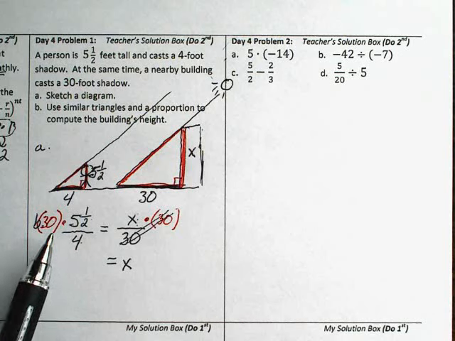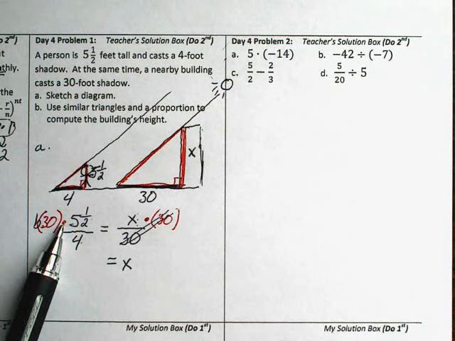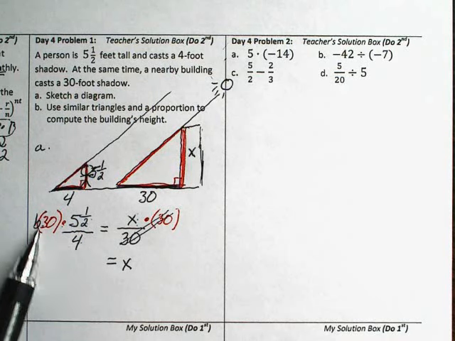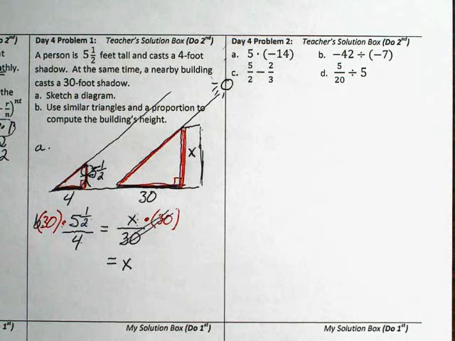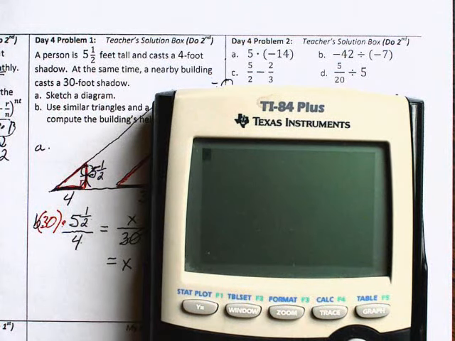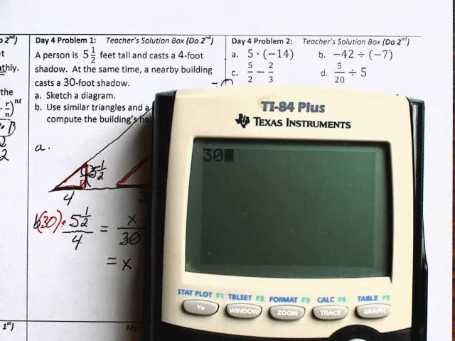Now on the left side of the equation, 30 times 5.5 divided by 4. We just need to work out what that number is, and that will be the answer for x, which is the building's height. So let's take a calculator and find that result. 30 times, now I want to type in 5.5.